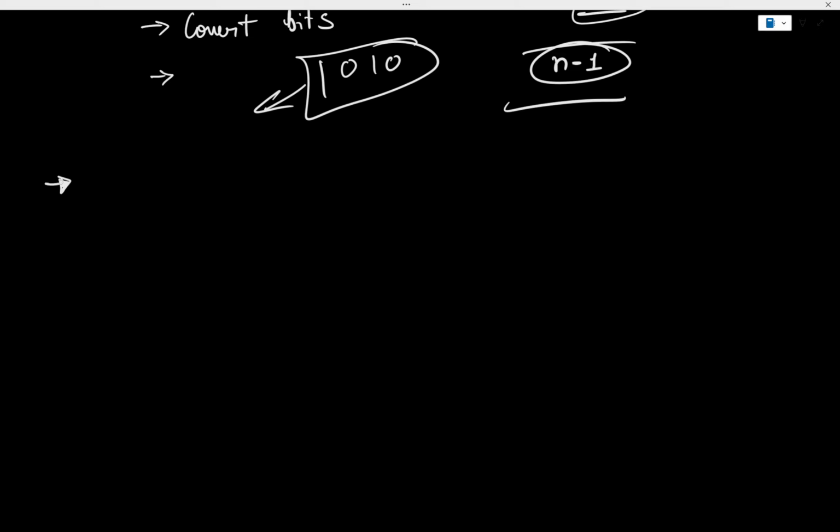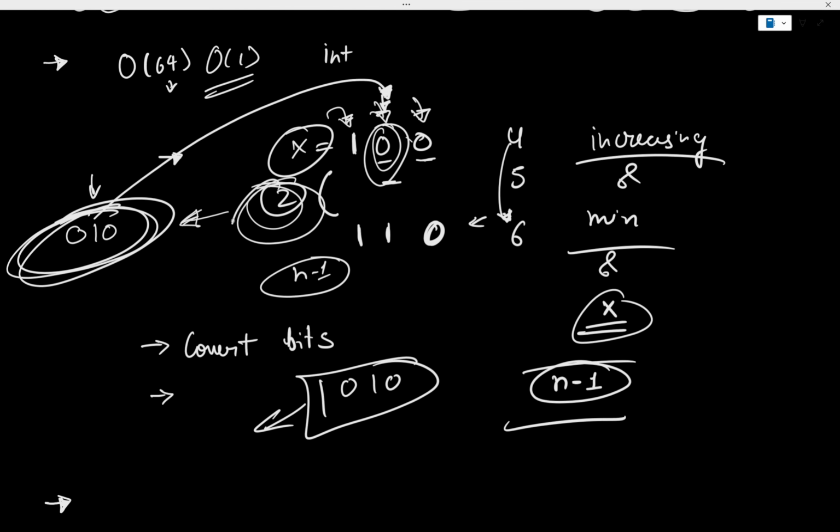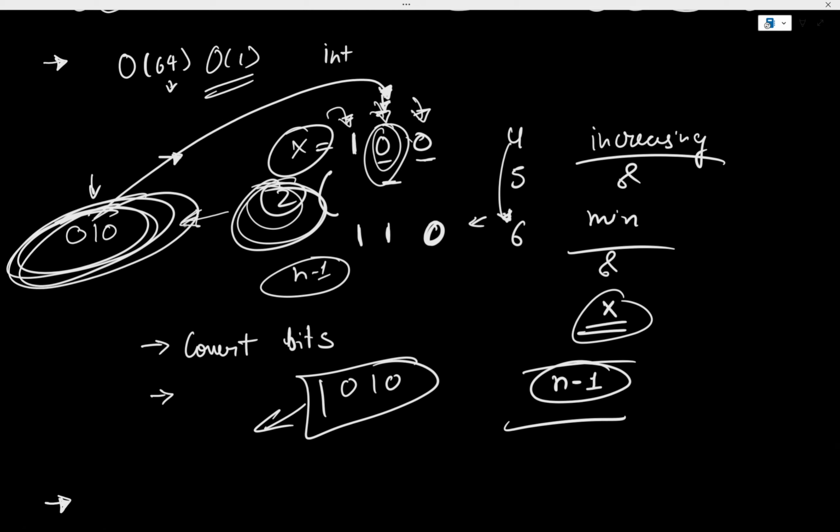You can also have a look at how this observation got applied over here, how we got this idea that if we do n minus 1 and get the binary representation, we'll get which bits need to be set so that it's increasing minimum, and when we do an AND.